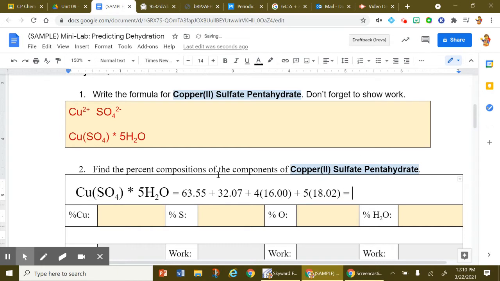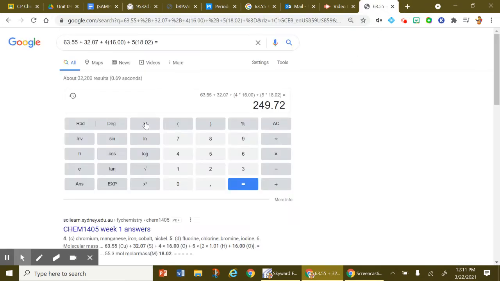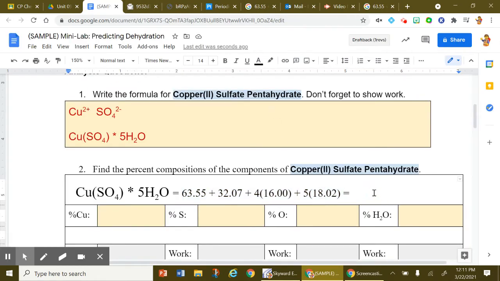So what is the molar mass of copper 2 sulfate pentahydrate? Well, it is a copper plus a sulfur plus 4 oxygens plus 5 H2Os. Now that I type this all out, I can just paste this into Google, and it tells you the molar mass is 249.72 grams per mole.